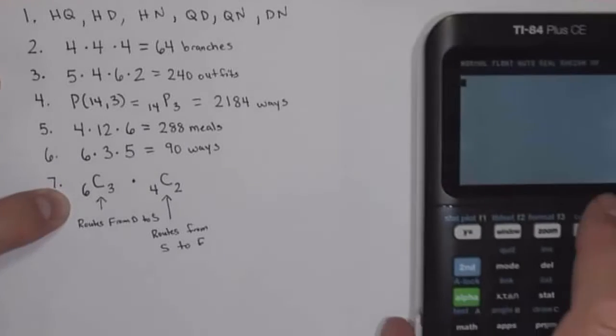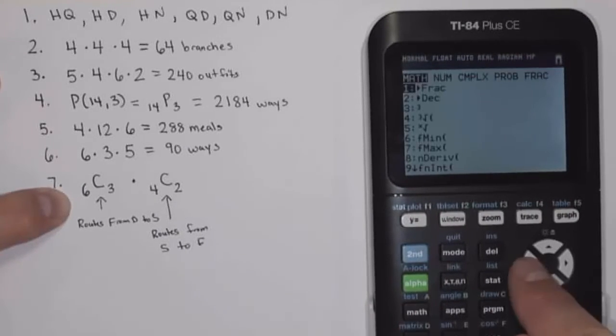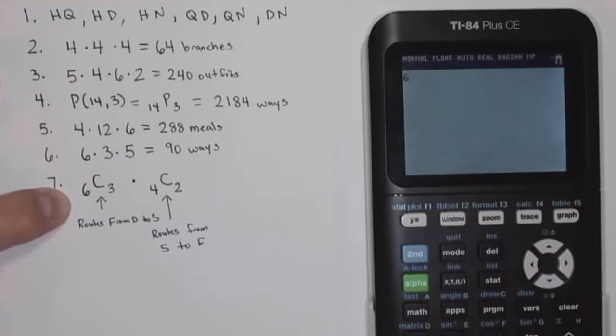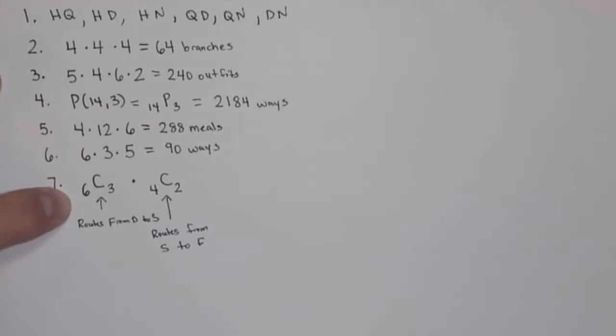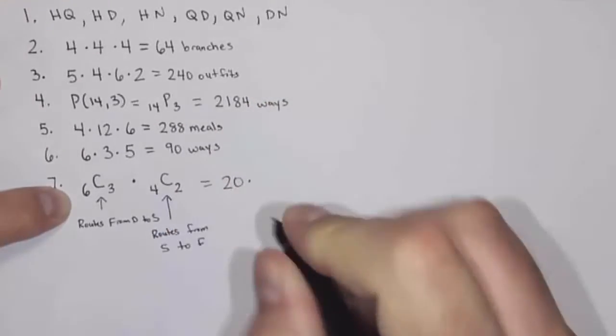So if I bring in my calculator, I can find 6 math, probability, combination, choose 3, that is 20. So there are 20 routes from D to S. So this is 20 times.